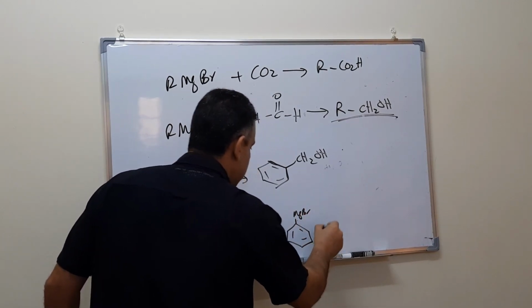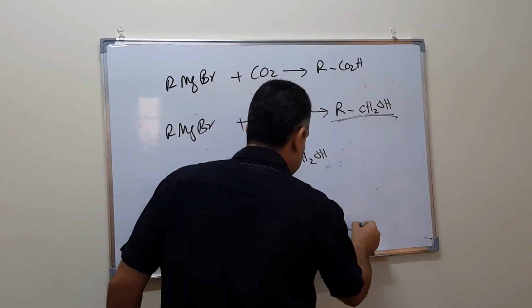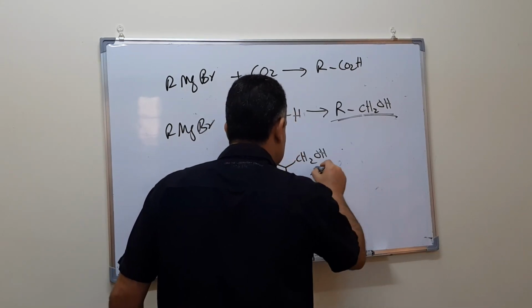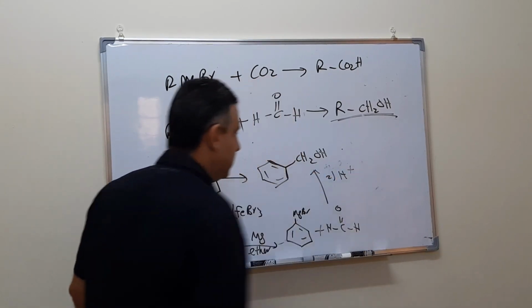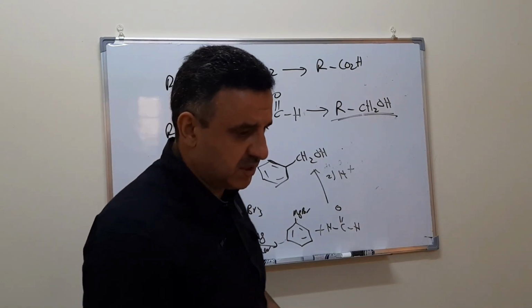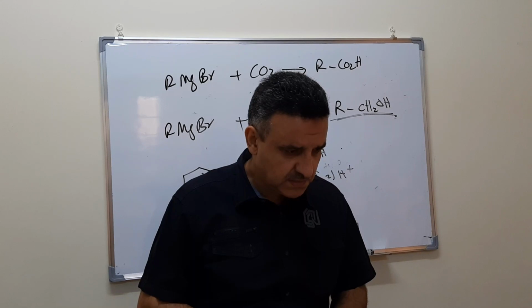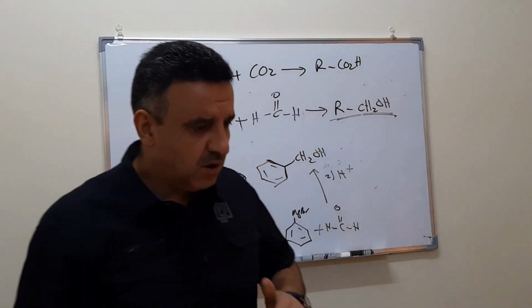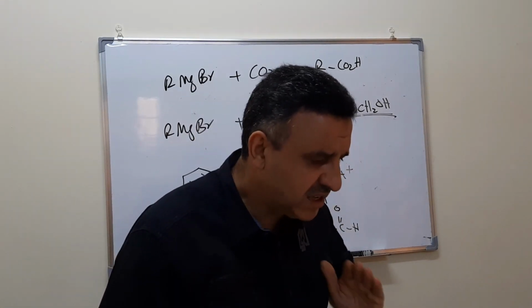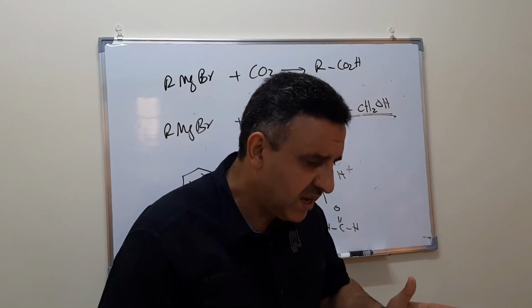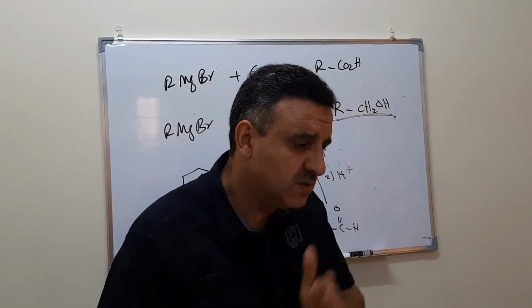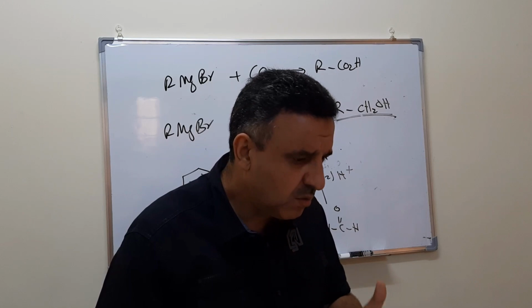And then finally, by reacting with formaldehyde, and secondly with H+, we get the target product. Clear? Is that clear? The reaction of Grignard with formaldehyde always converts it into a primary alcohol.